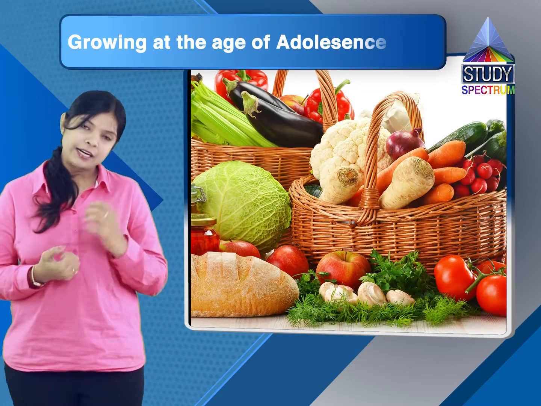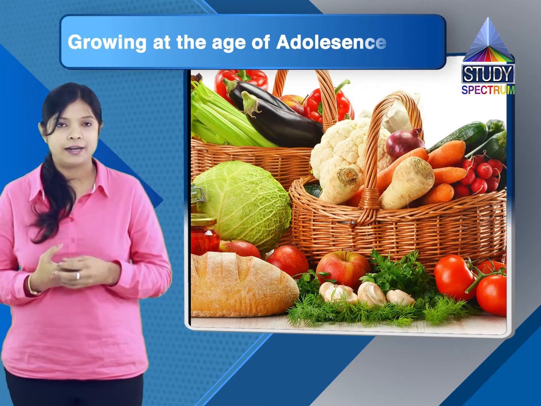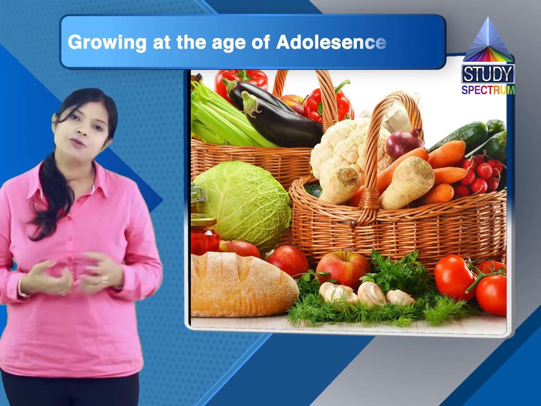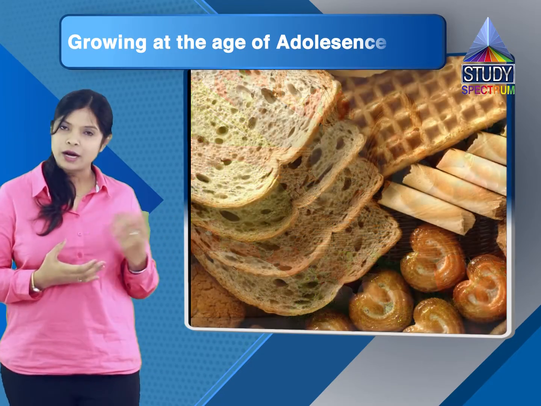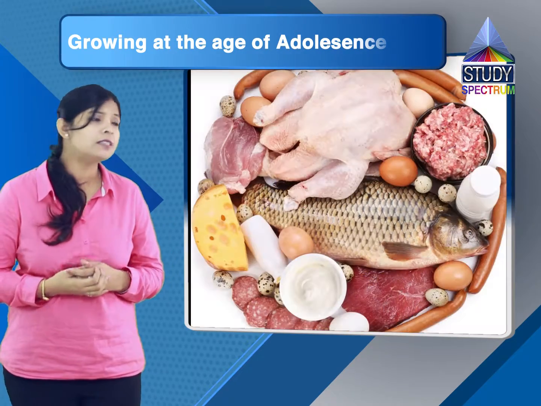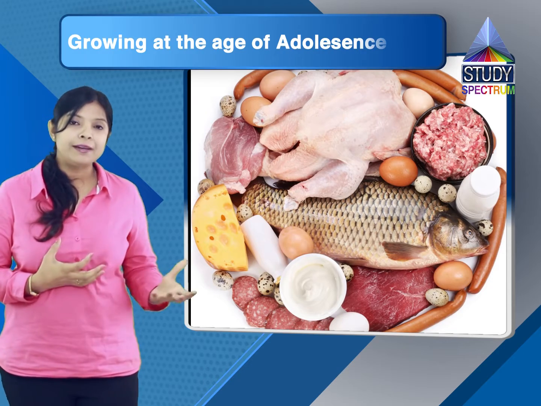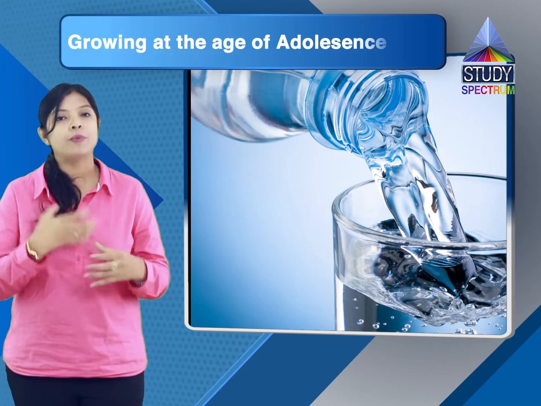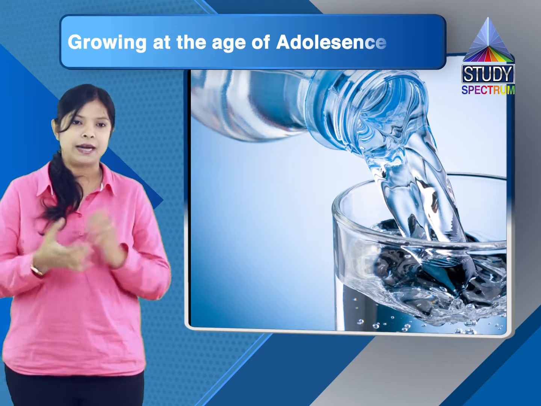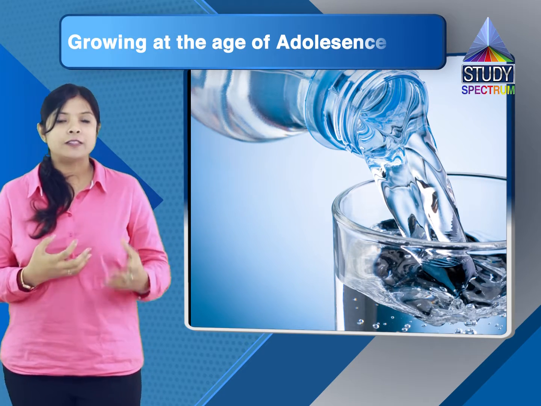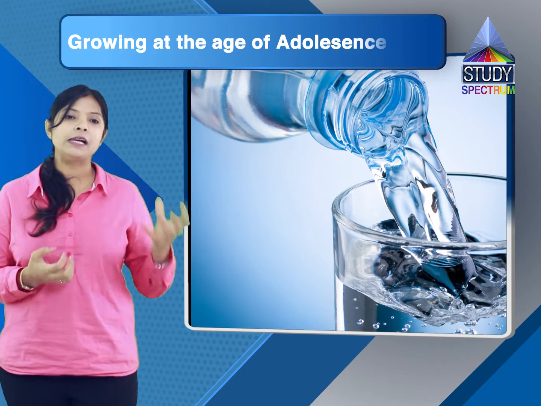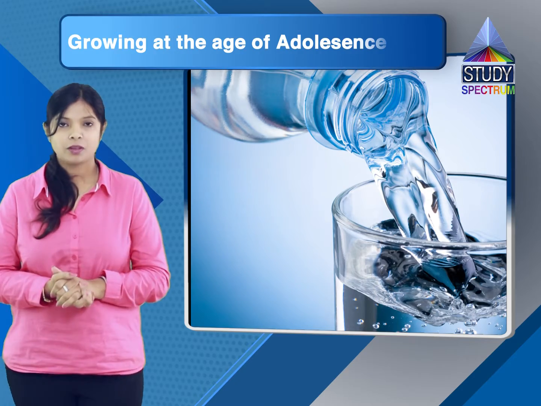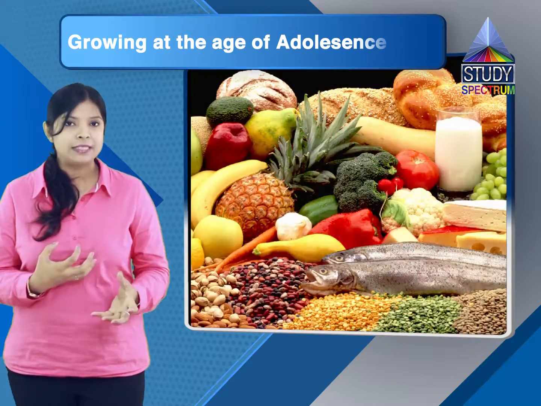As earlier we have discussed what a balanced diet is, it should include all the components of nutrients like carbohydrates, proteins, vitamins, minerals, other than water and dietary fibre. All are very important for the balanced diet. And because adolescence is a stage of rapid physical and mental growth, this diet should be carefully planned, and they should take a balanced diet.